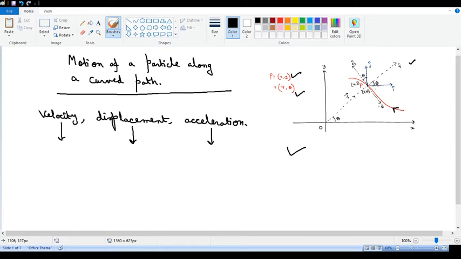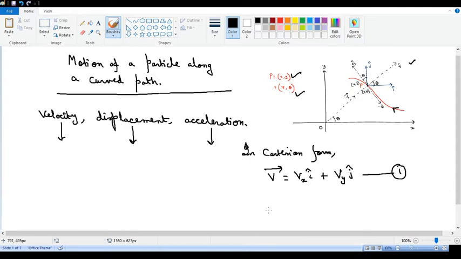Again, if we draw the direction of the unit vectors at this instantaneous position P, then we obtain i hat in this direction and j hat in this direction. So what we can obtain from this figure is that in Cartesian form we have v vector equal to vx i hat plus vy j hat.